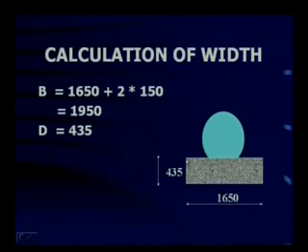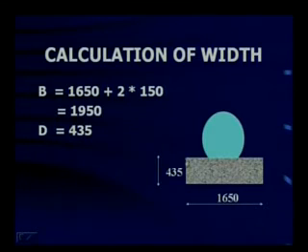Now here 435 mm is the depth of granular material which is to be laid. 1650 is the width of the granular material. I have added some tolerance here because a pit of slightly longer dimension is dug so that the marking can be accurately done. So this comes to 1950 mm.